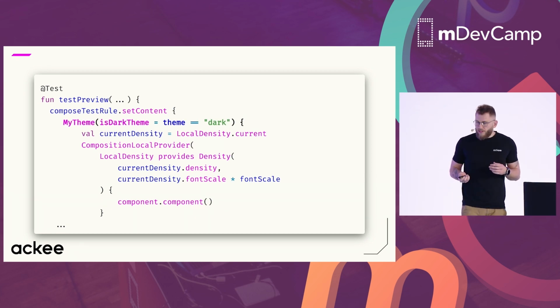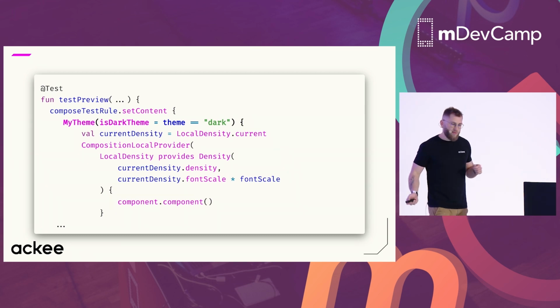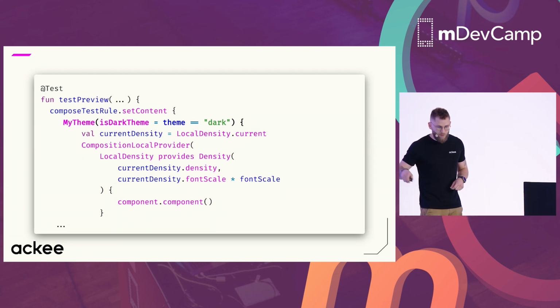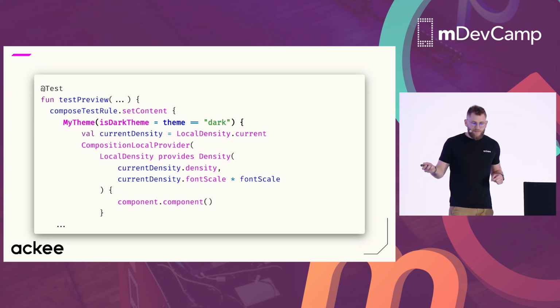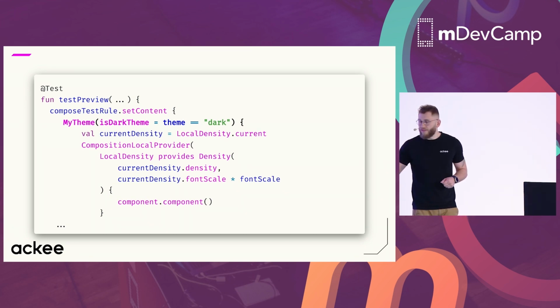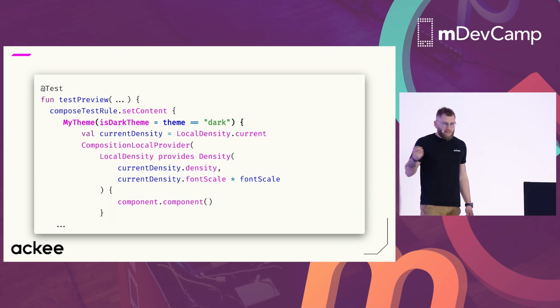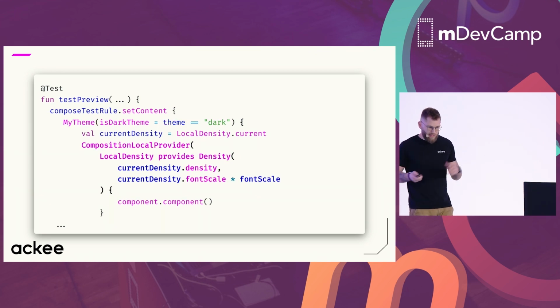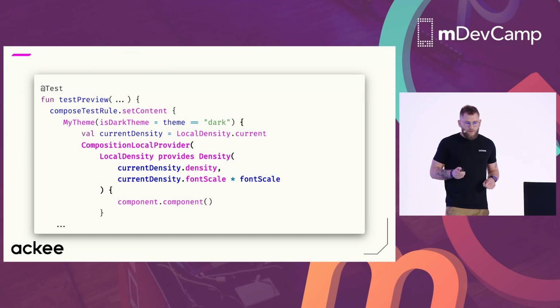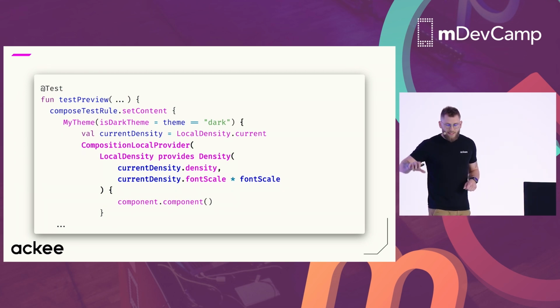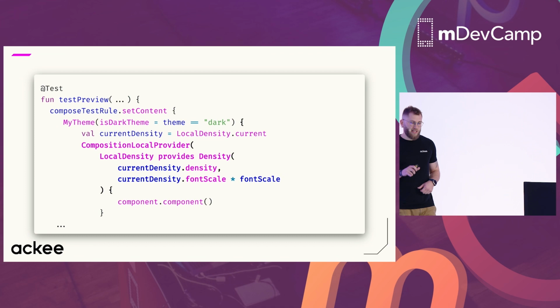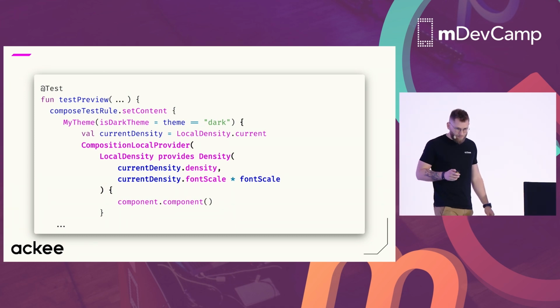So for the dark and light theme, I need to wrap my preview with the theme definition and specify if I'm using a dark theme or not based on the parameter. And for the font scale, I need to do this composition local magic, where I need to override the local density by multiplying the font scale property on the current density.